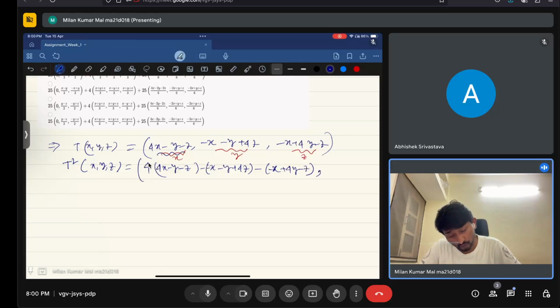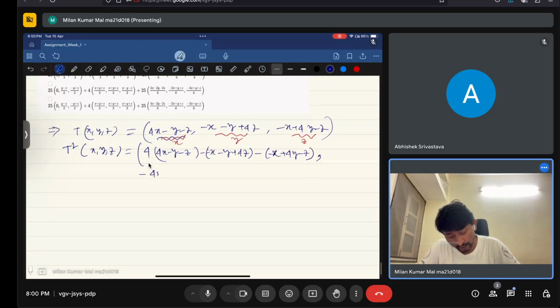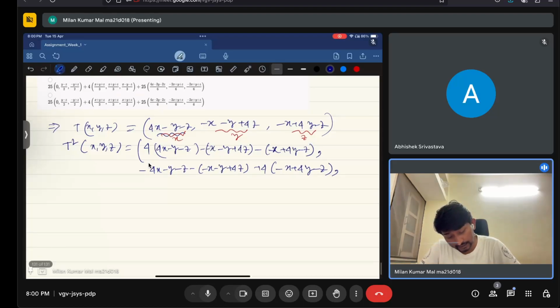Then comma, y is minus x minus 4x minus y minus z minus y, with x minus y plus 4z plus 4 into z.